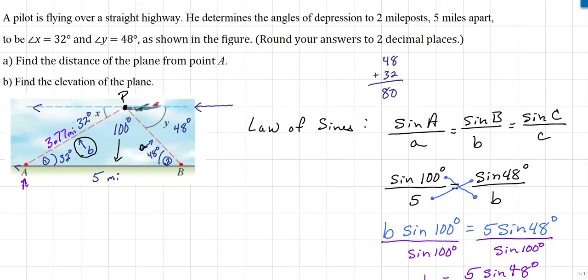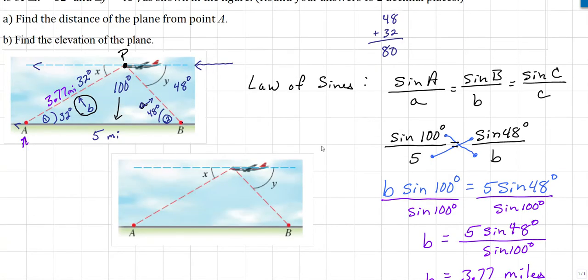Now the next thing that we want to do is find the elevation, or the height, of the plane. We'll use a fresh diagram to do that. Once again, I'm going to plug in some values, and this is what we have.